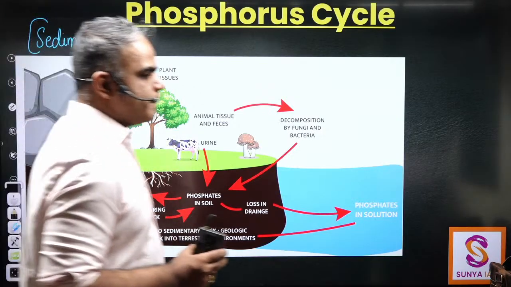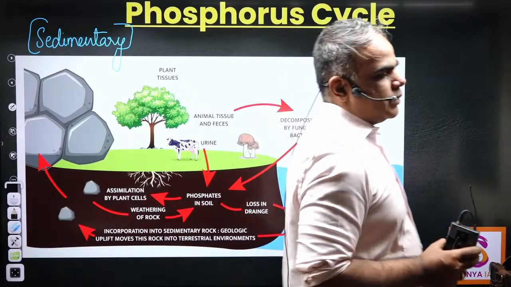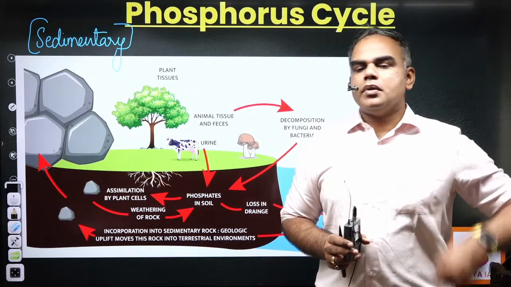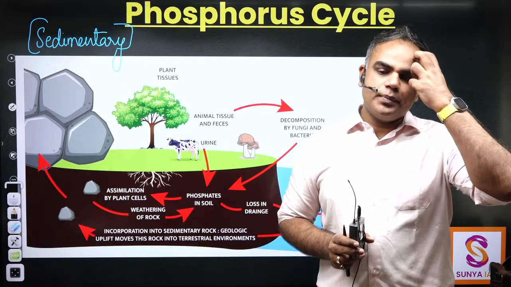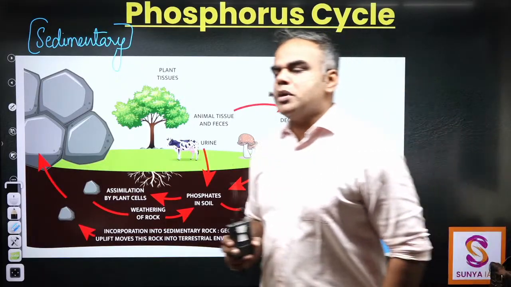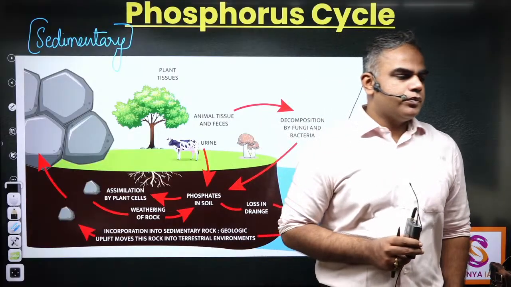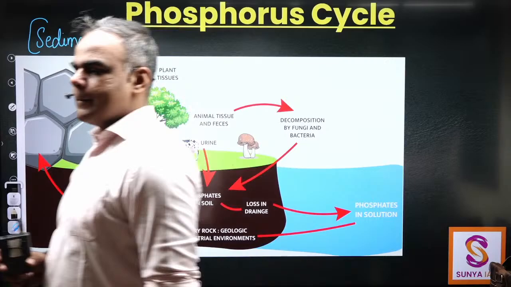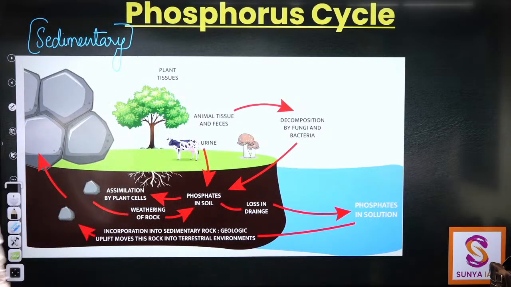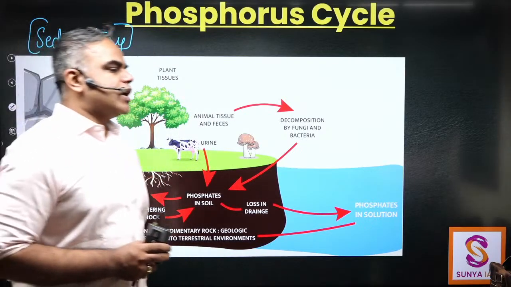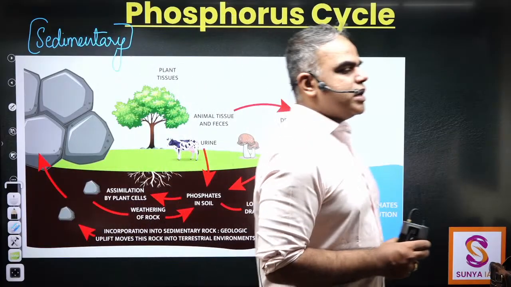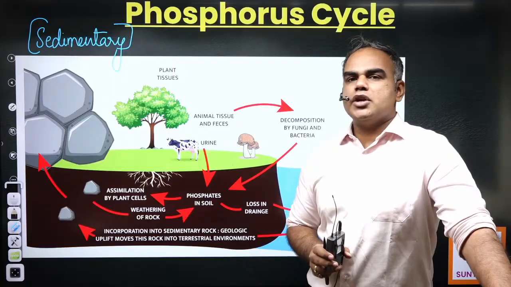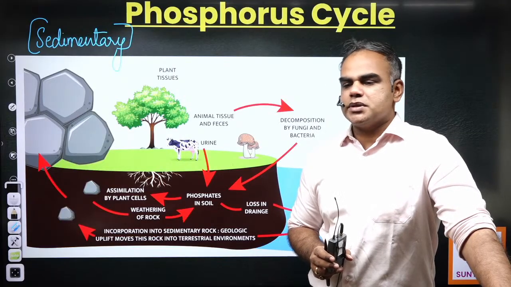Excessive runoff, often due to human activities, leads to eutrophication in aquatic ecosystems.